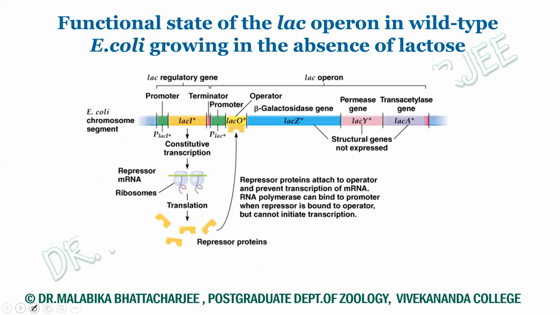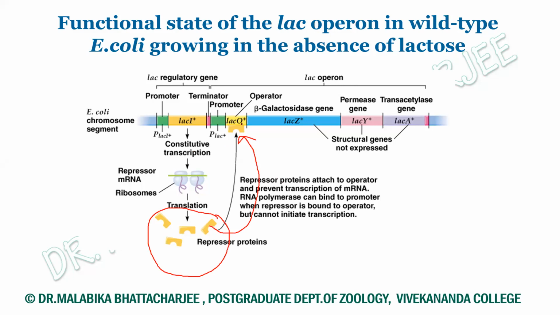Let us look at this particular slide. In absence of lactose, how does the normal operon behave? We have seen that the repressor gene produces the repressor protein, and this repressor protein can go and bind to the operator region.